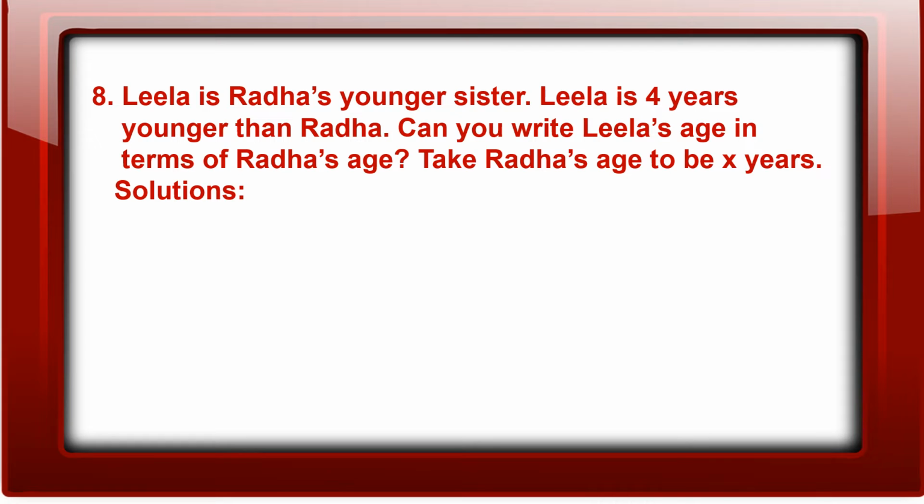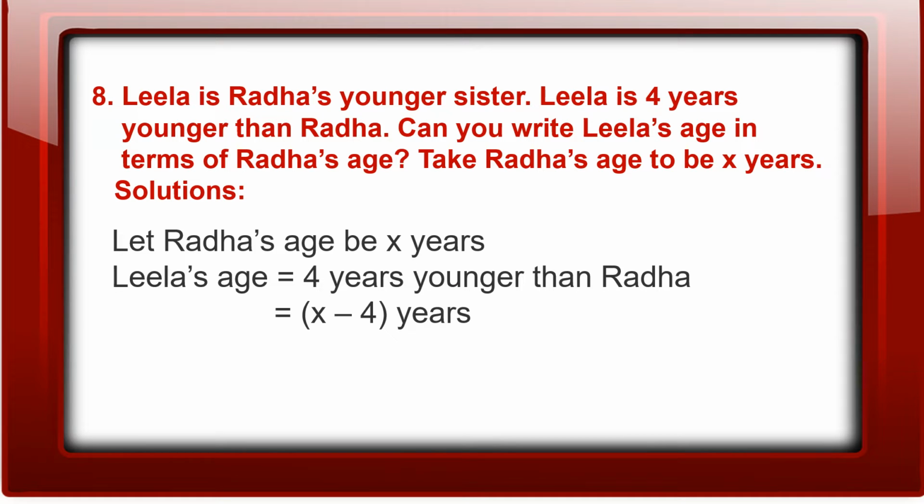Leela is Radha's younger sister. Leela is 4 years younger than Radha. How can you write Leela's age in terms of Radha's age? Take Radha's age to be x years. So first let us write Radha's age as x years.